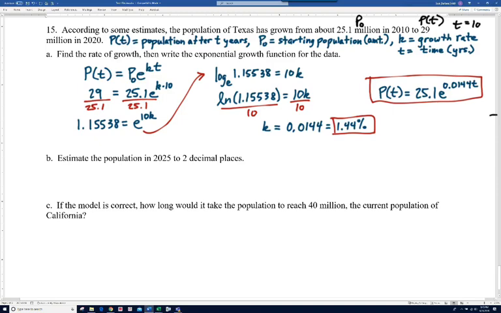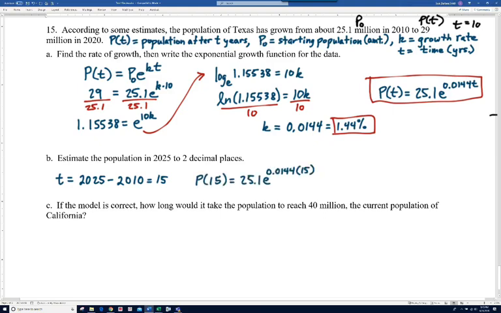In part B, it says estimate the population in 2025 to 2 decimal places. So basically, 2025, now our initial population was 25.1 in 2010. So we're going to want to subtract 2025 minus 2010. That's 15 years. And so we're just finding P of 15.